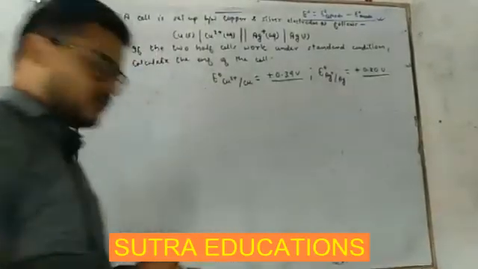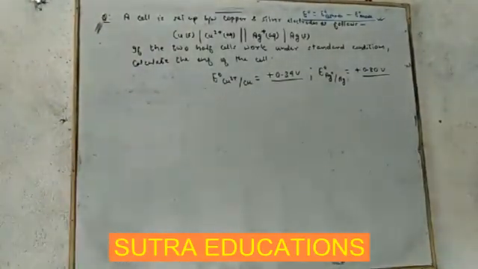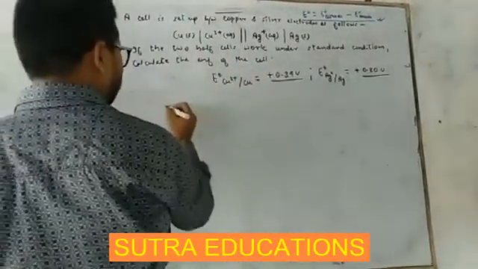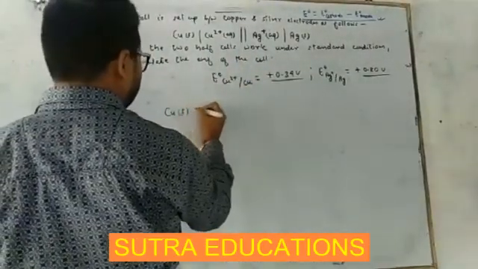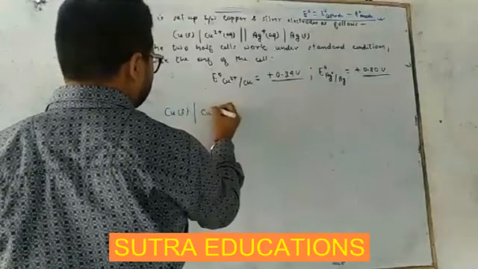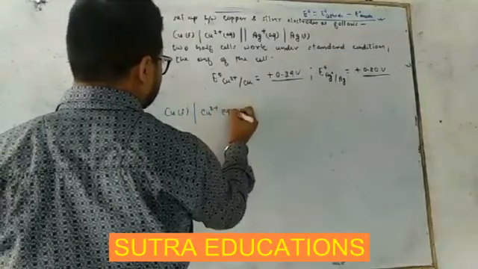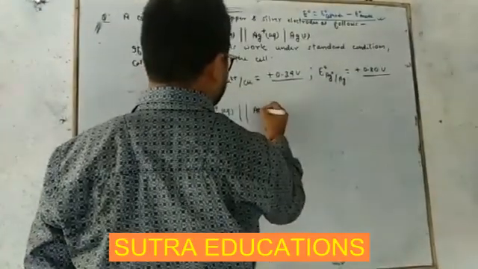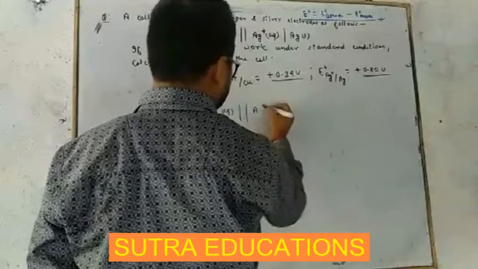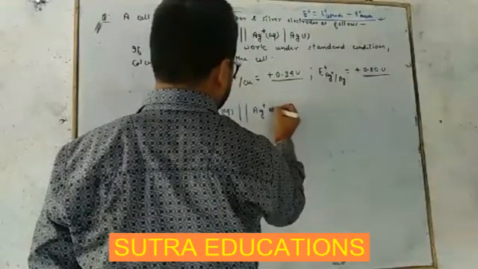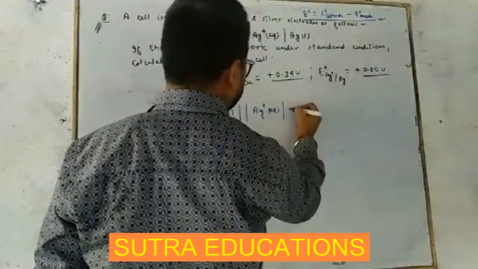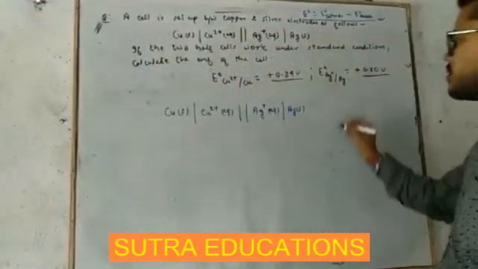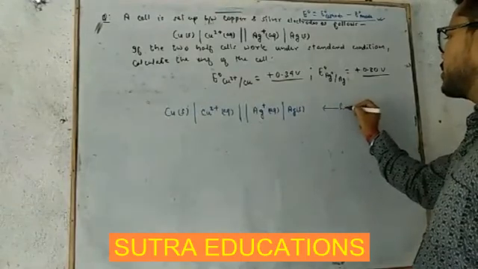So this is the question. A cell is given. Cell is copper solid separated by a line to copper 2 plus aqueous separated by double line, Ag plus aqueous separated by single line, Ag solid. This is the representation of a cell. I have told you this is the representation of a cell.